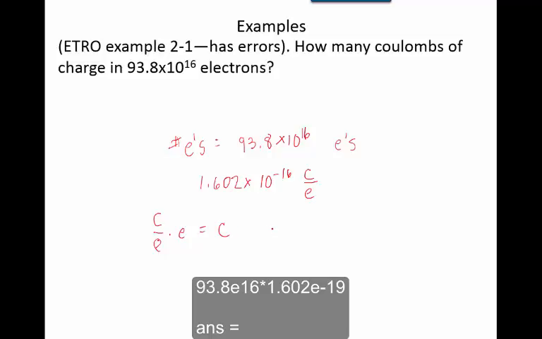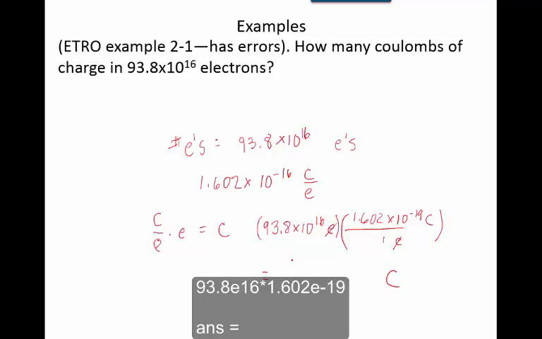That's exactly what I'm going to do. I have 93.8 times 10 to the 16th electrons, and then I have 1.602 times 10 to the minus 19th coulombs in one electron. Then I see that electrons cancel out, and I will get an answer in coulombs.